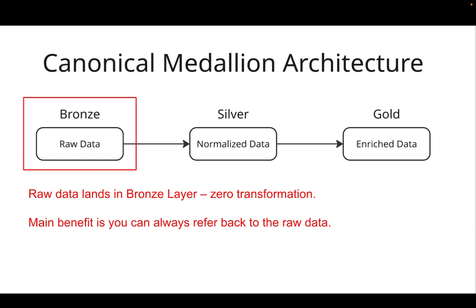The main benefit of loading all that data untransformed is you can always refer back to the raw data. So if something gets screwed up downstream, you can always go back to the raw data. This is a really important concept. You want to load all the raw data basically untransformed.